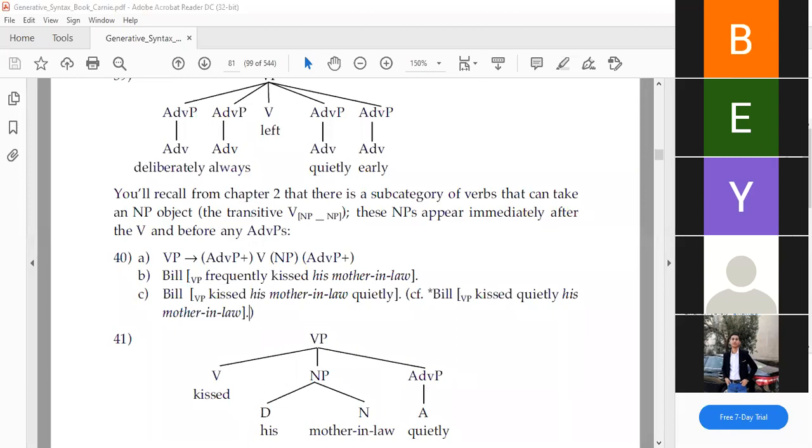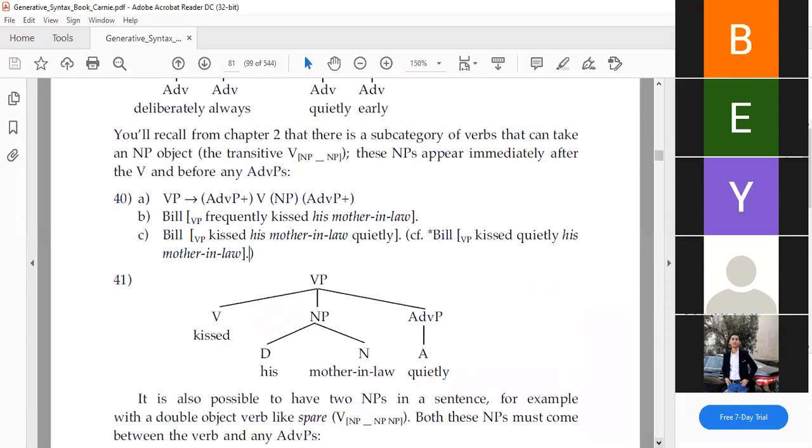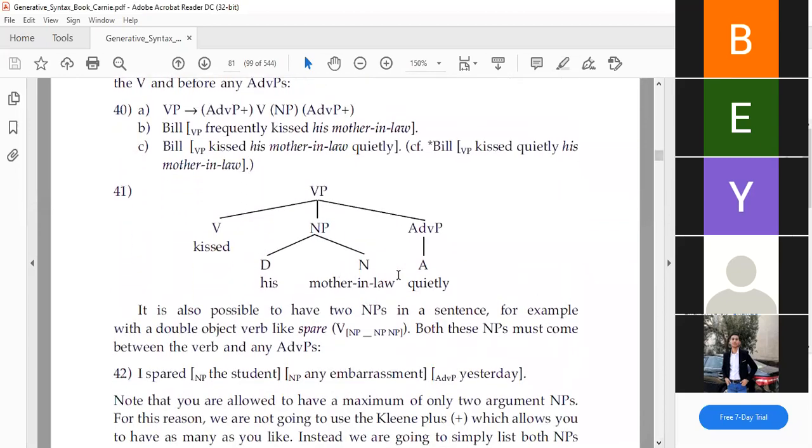Now this is the tree for the VP kisses mother-in-law quietly. Everything is the VP, and the VP has 3 daughters: the verb kissed, the NP his mother-in-law, and the ADP quietly. Here D is attached within the NP. Why?